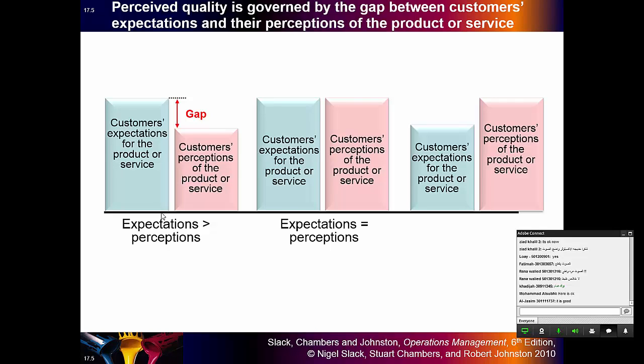So if I want to buy an iPhone 6 and I was expecting that this device is very good and can meet my requirements and my use for the mobile phone, and then when I buy the iPhone 6 I found some features that I don't like, or I found that they removed some of the previous features that I was looking for, then even if the iPhone 6 was good or better than the previous one, in my view the iPhone 6 is not meeting my quality or not meeting my expectation.